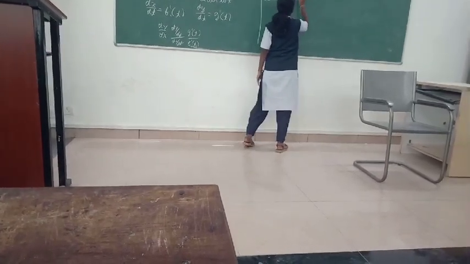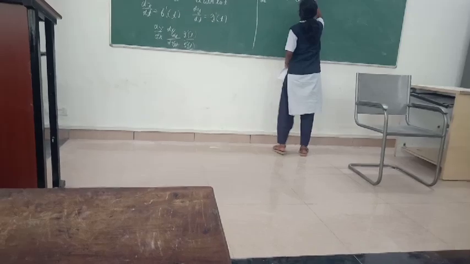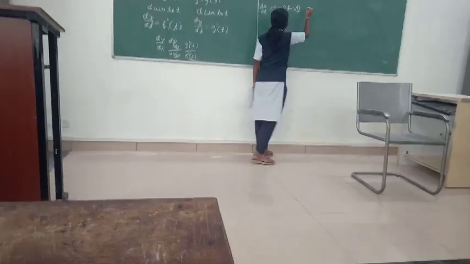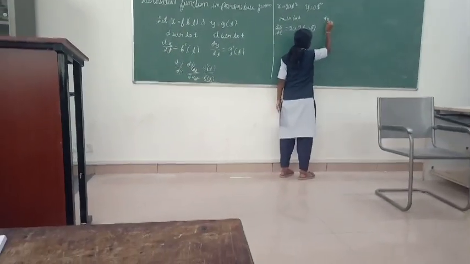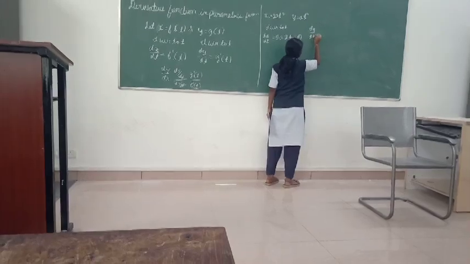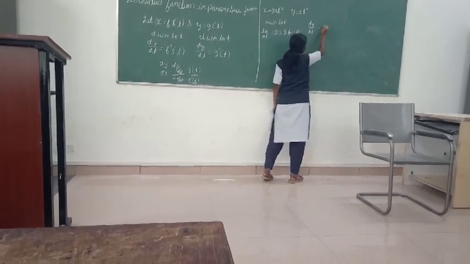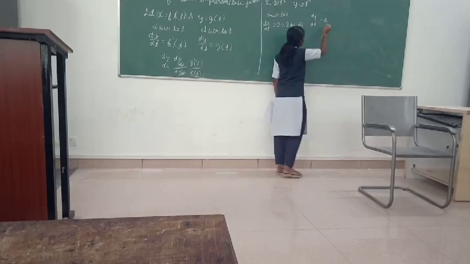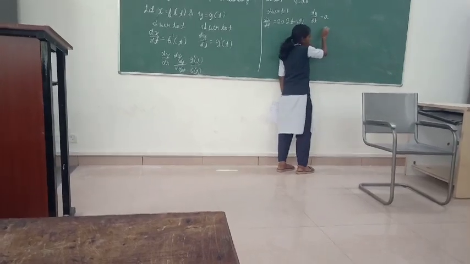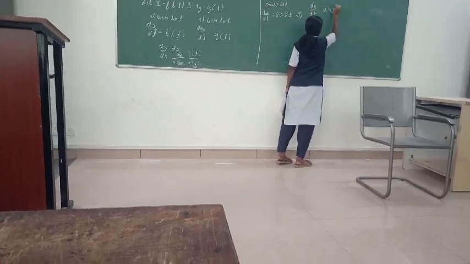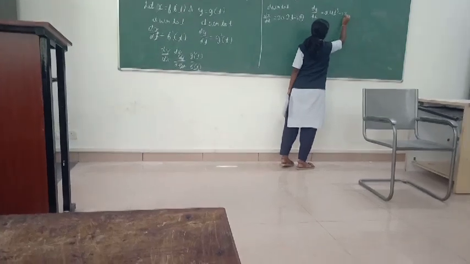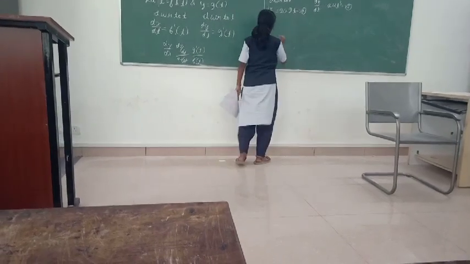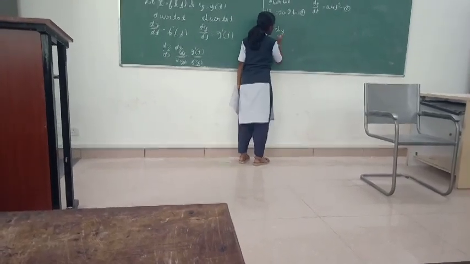We consider it equation number 1. y is equal to a t power 4. dy by dt is equal to a, which is the constant, times the differentiation of t power 4, which is 4t cubed. Consider equation number 2. Then we write in the form of dy by dx.